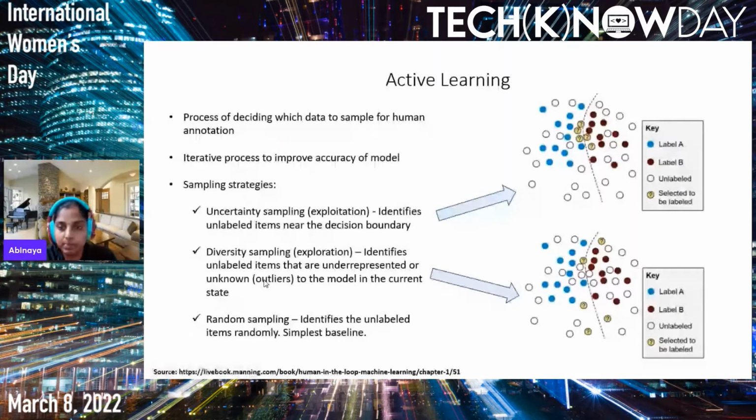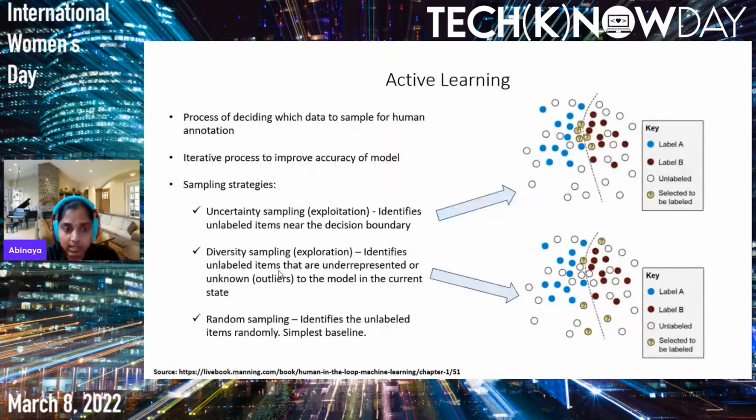And the next one is the random sampling method, where you sample the data points randomly. This can be the simplest case. So either you can use methods under uncertainty sampling and diversity sampling individually, or you can combine any two methods that you find fit based on the problem at hand.